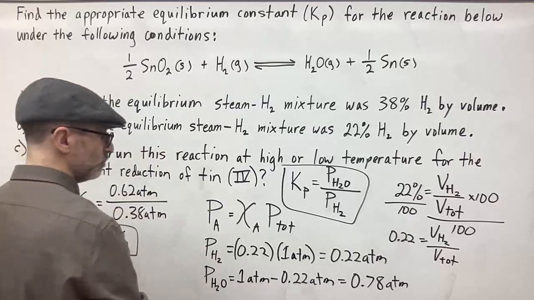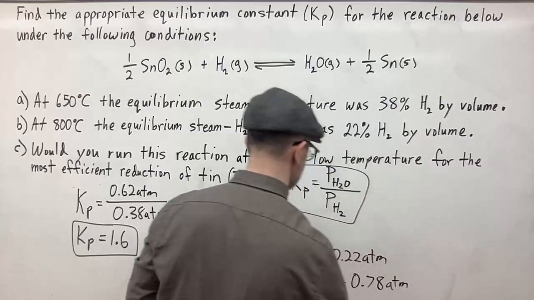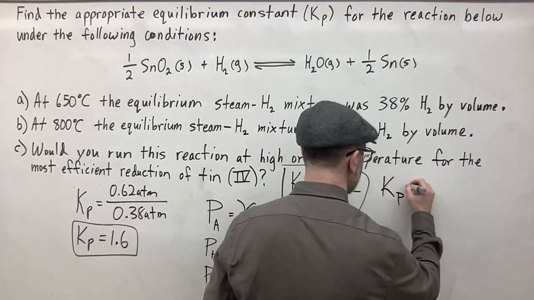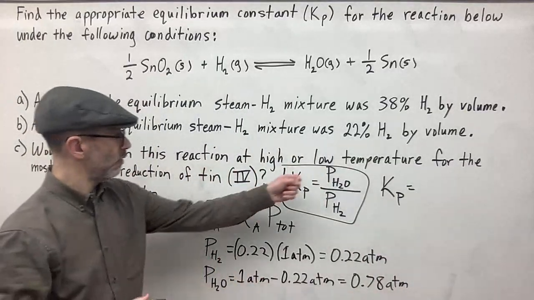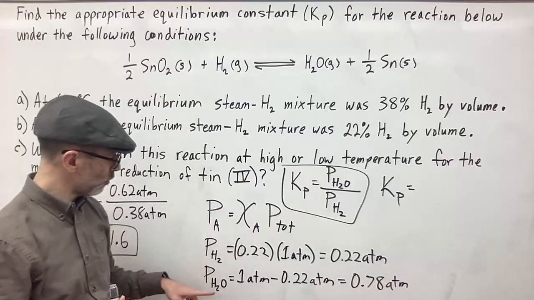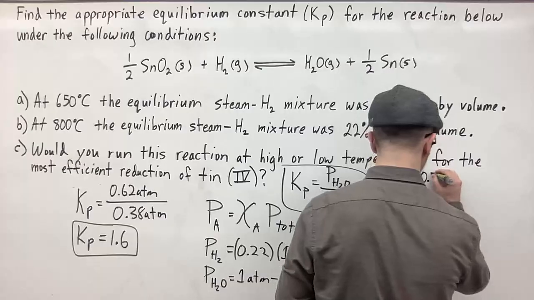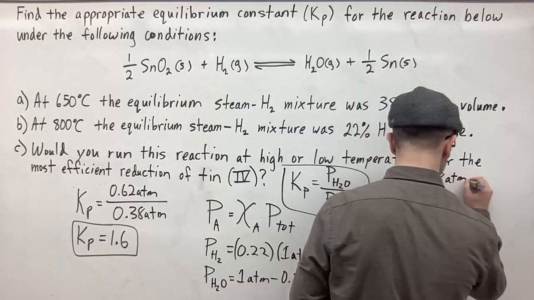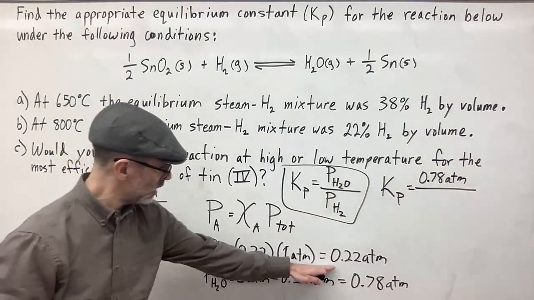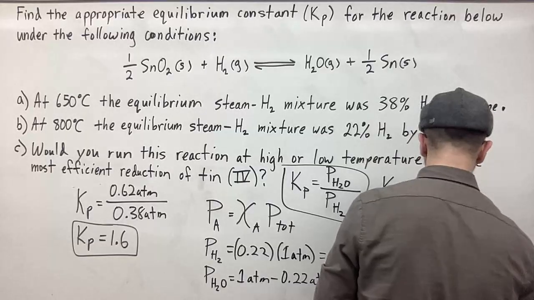So for part B, Kp is going to be equal to the pressure of water vapor or steam, which is 0.78 atmospheres, divided by the partial pressure of hydrogen, which is 0.22 atmospheres.